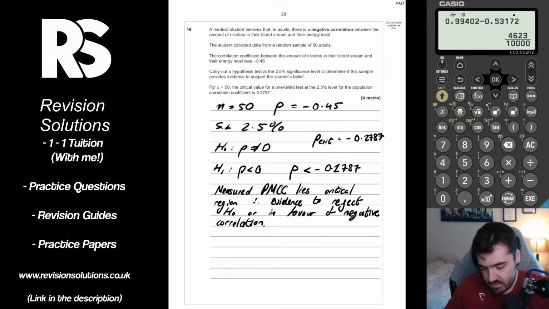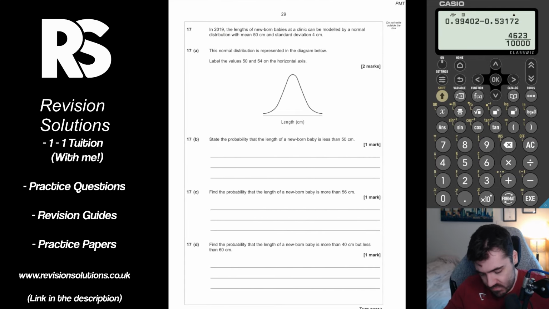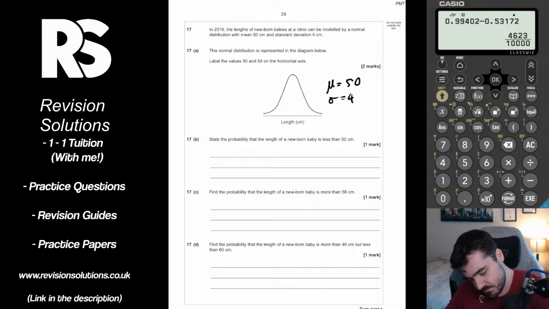Okay, moving on to question 17. It says, in 2019, the lengths of newborn babies at a clinic can be modeled by a normal distribution with a mean of 50 centimeters and a standard deviation of 4 centimeters. So mu is 50, sigma is 4. The normal distribution is represented in the diagram below. Label the values 50 and 54.